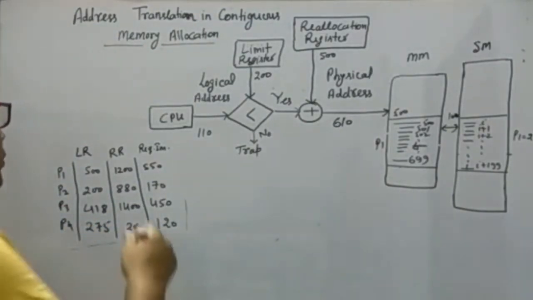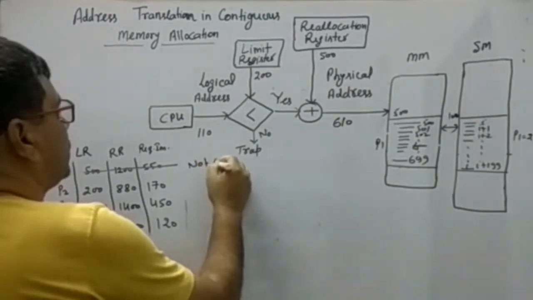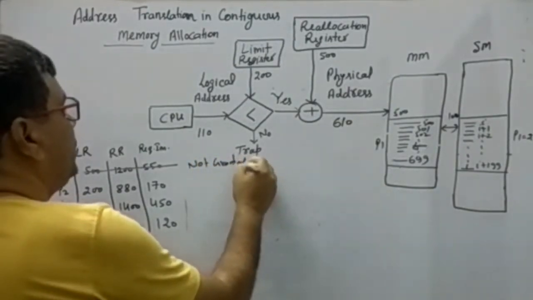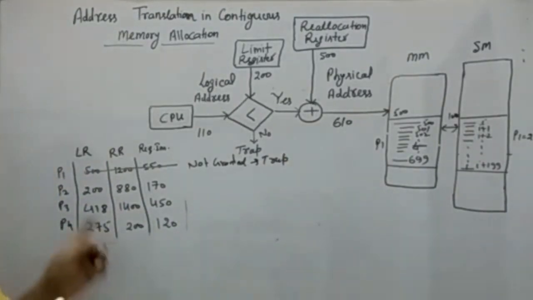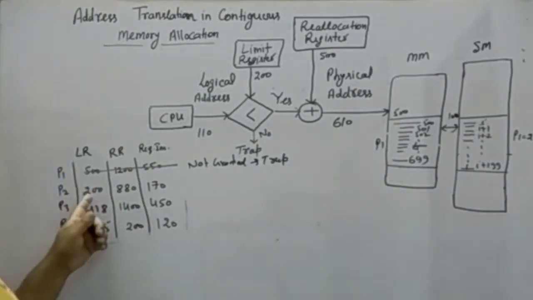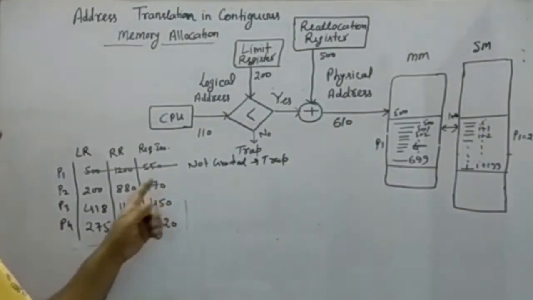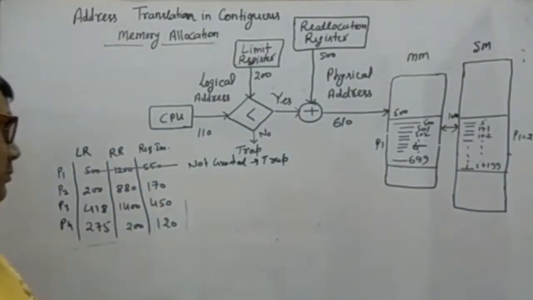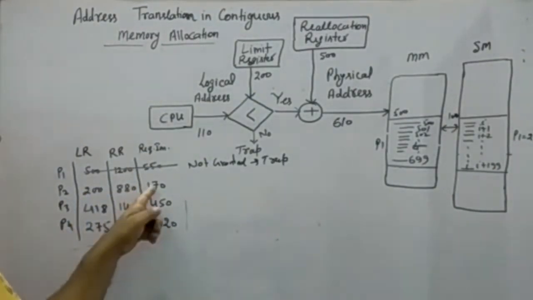That means this request cannot be granted, which means it is trapped. Now look here, the limit register is 200 and the required instruction is number 170. Since 170 is less than 200, it can be granted.